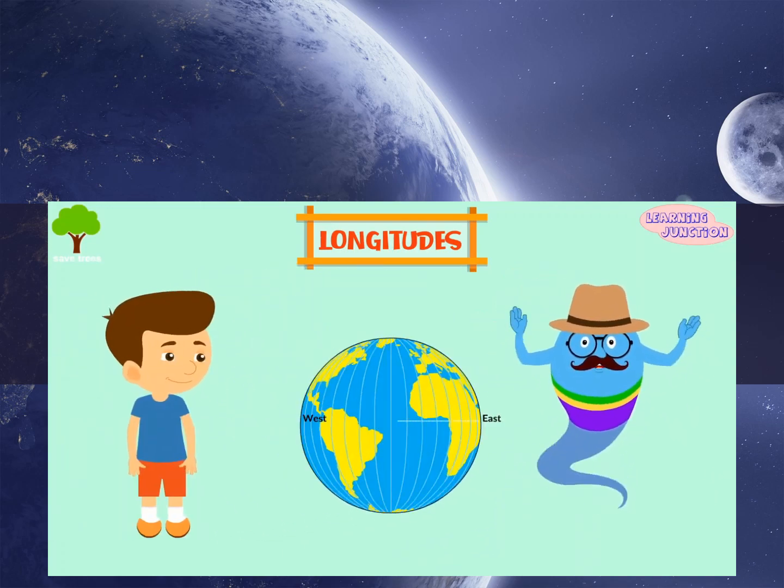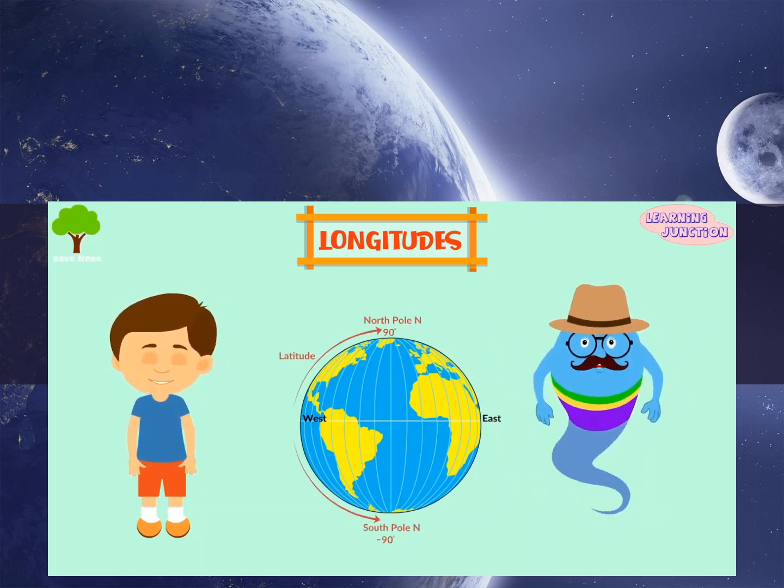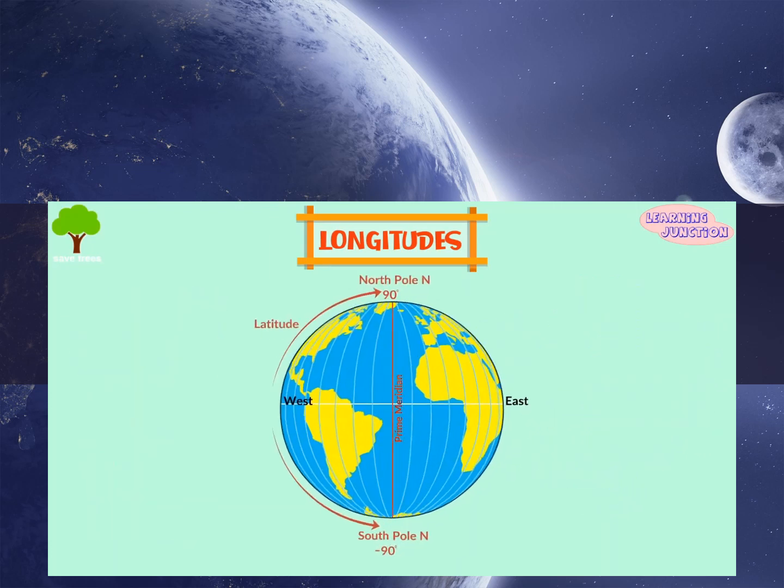The distance between longitudes at the equator is the same as latitude, roughly 69 miles. At 45 degrees south or north, the distance between them is about 49 miles. The distance between longitudes reaches 0 at the poles as the meridian lines converge at that point.